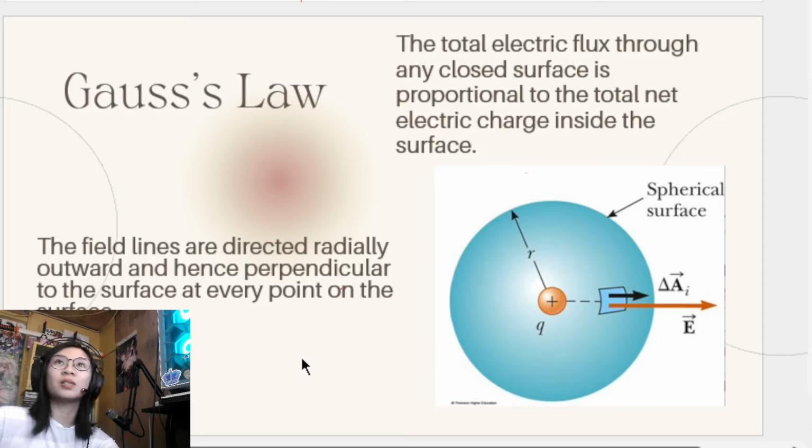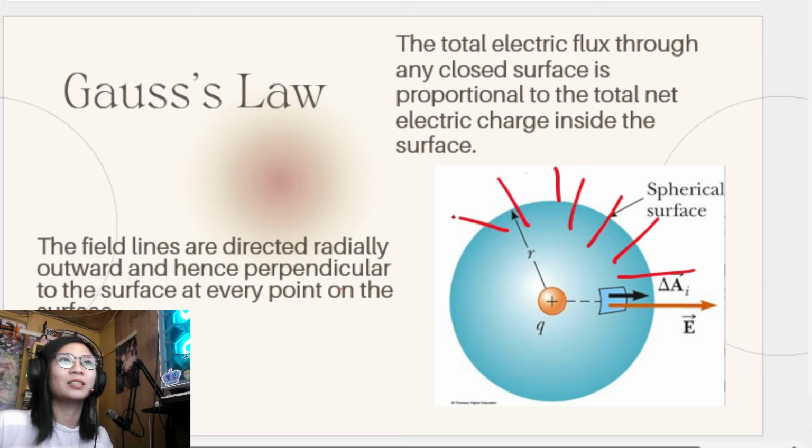So you'll use Gauss law to get the electric flux of a closed surface. Okay? So, as you know, the sphere has a non-uniform area, with the direction of A differing at each point. So you can see here, okay, this one goes this way.